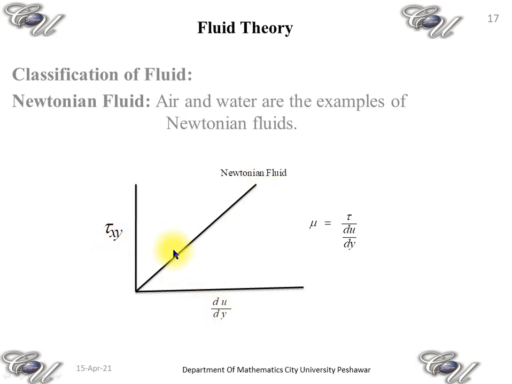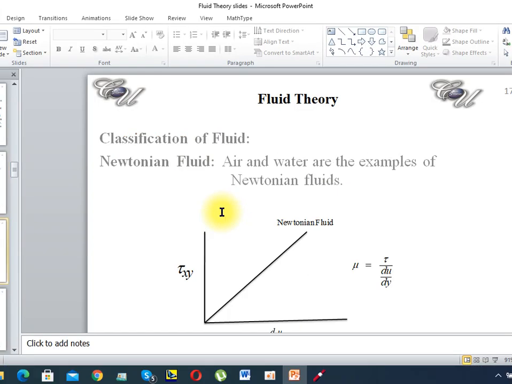And this straight line is called mu. This mu is actually constant. So now you can say which fluids will be Newtonian. When we apply stresses, deformation occurs, but no change occurs in viscosity. So we call these Newtonian fluids.